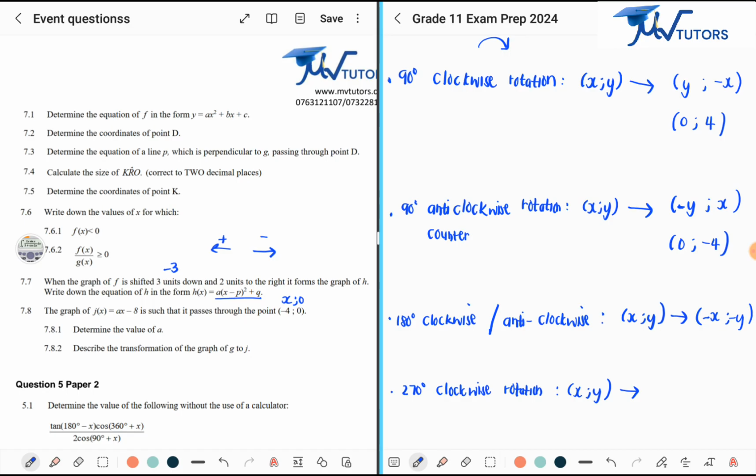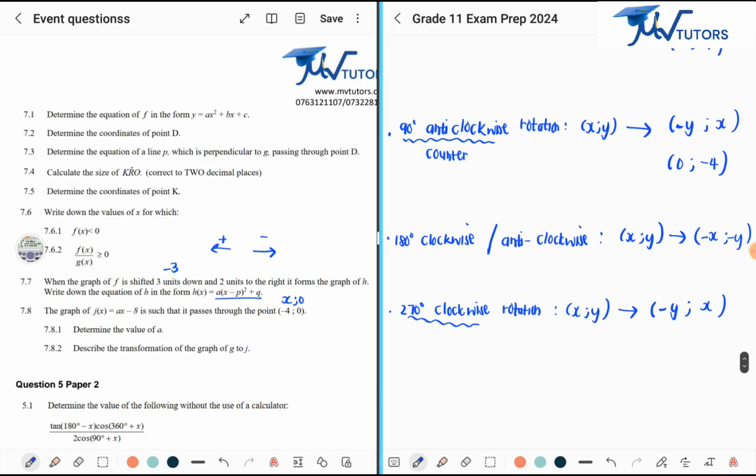You would have (y, x). Those are swapped around, but in this case, the y gets a negative. And I hope you see that a 270 clockwise rotation is similar to a 90 degrees anti-clockwise rotation. I hope you see that.